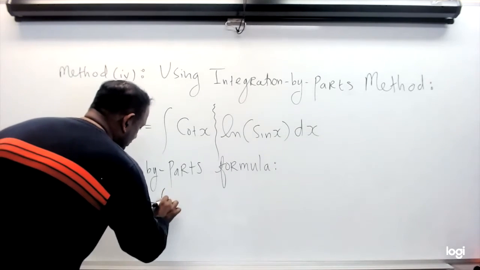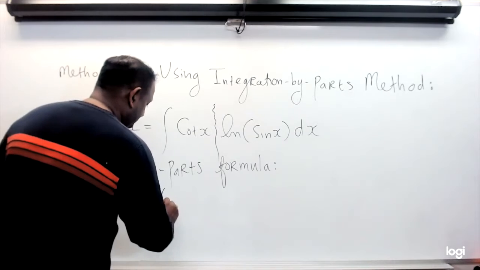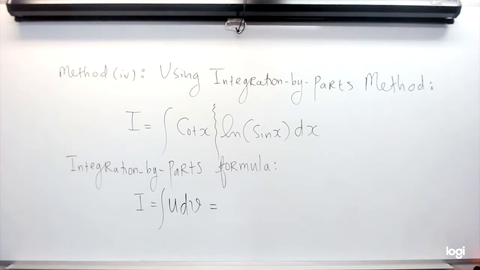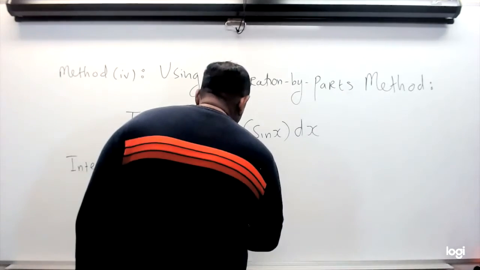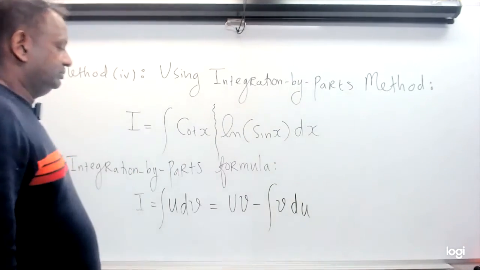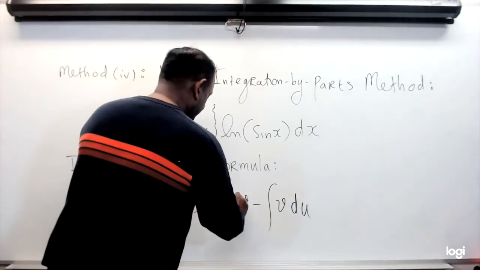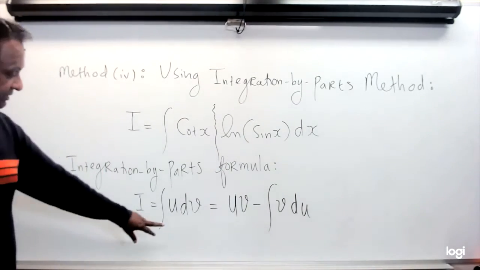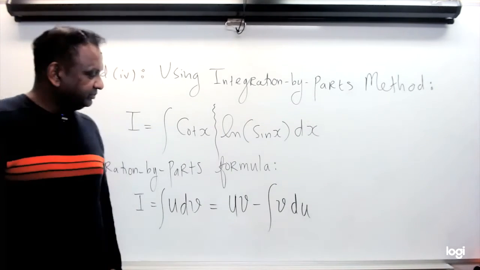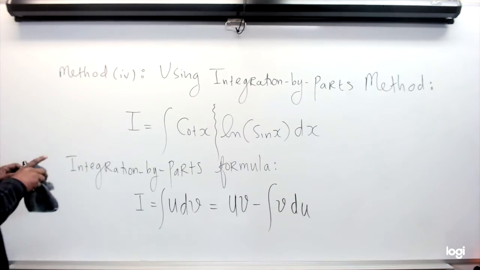If you have a product, u dv, then your answer becomes uv minus integral of v du. Let's say which one we're going to take as u from these two.